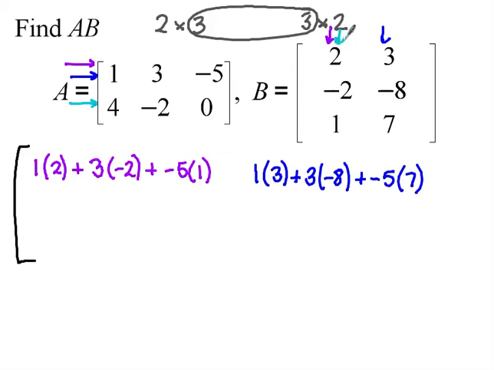Okay. So I'm going to take 4 times 2 plus negative 2 times negative 2 plus 0 times 1.